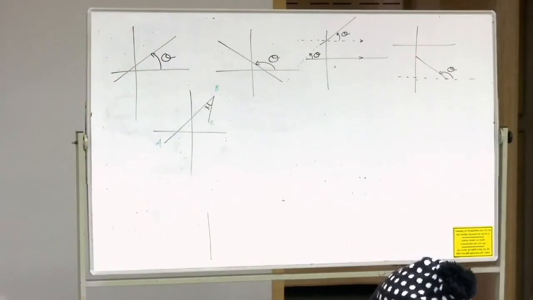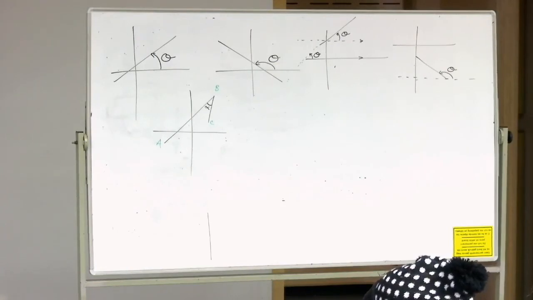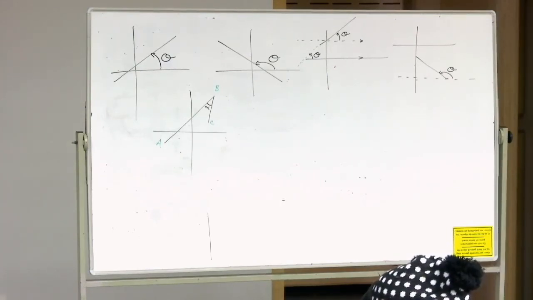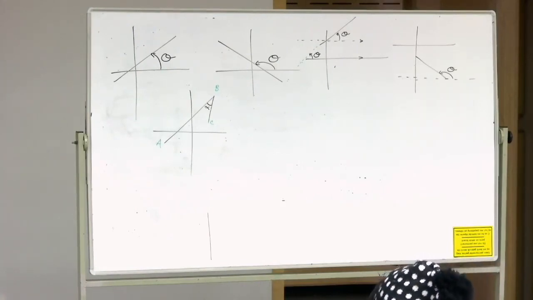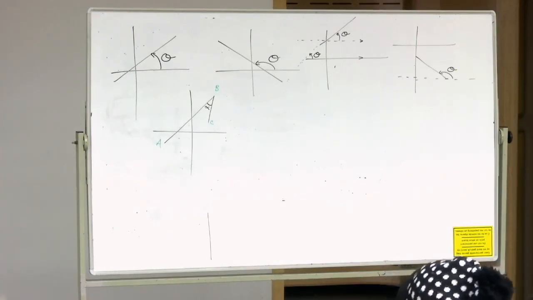Let me give you guys a nasty little secret. Even if you have no clue what to do, and they give you an alpha in there, guys, get inclination angles. You're going to score a few marks. Even if you don't know how to finish off the sum, you are going to score marks.